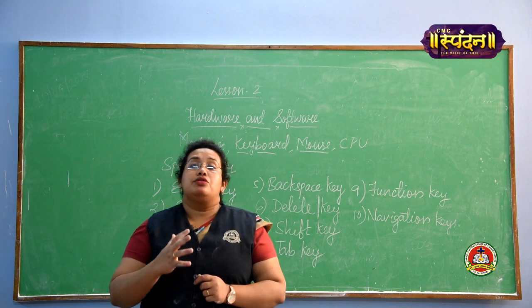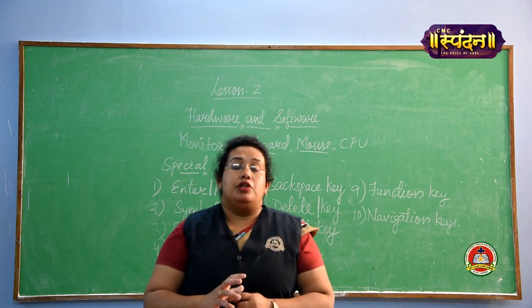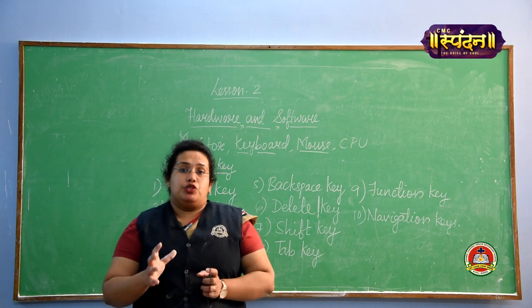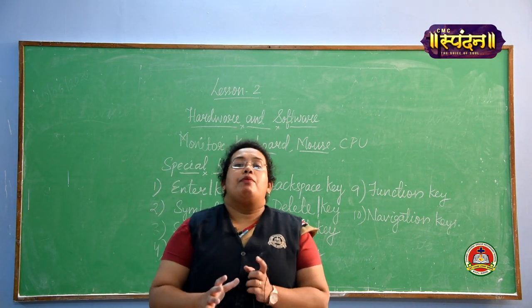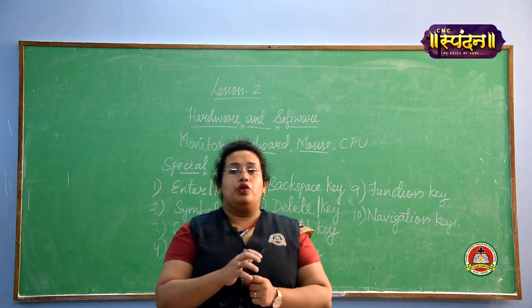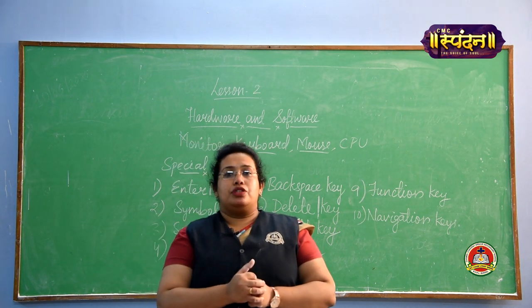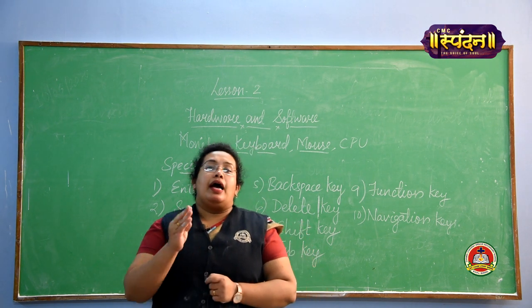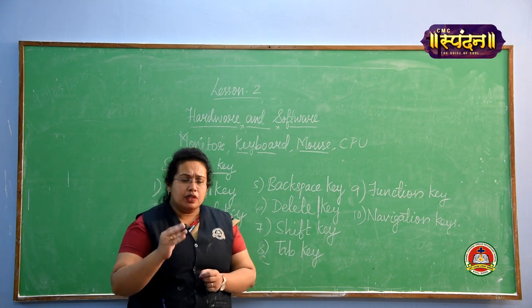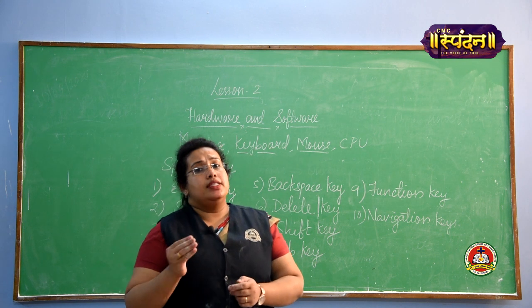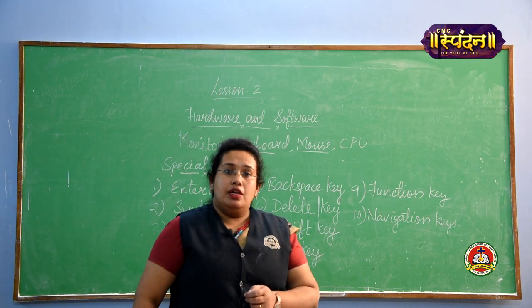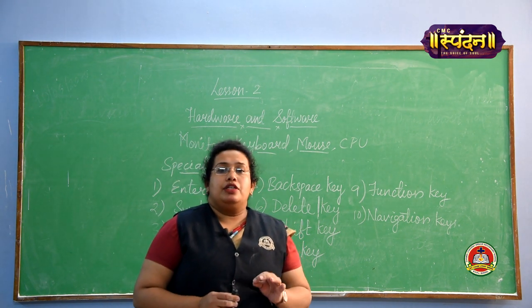So this is known as a storage device, where you can save the things which you have already done, whichever work you have performed in a computer, that work you want to save, that will be saved in your storage device. We have different types of storage devices, that is hard disk and pen drive and CD, DVD. All these come under storage device. We are using the storage device to save.